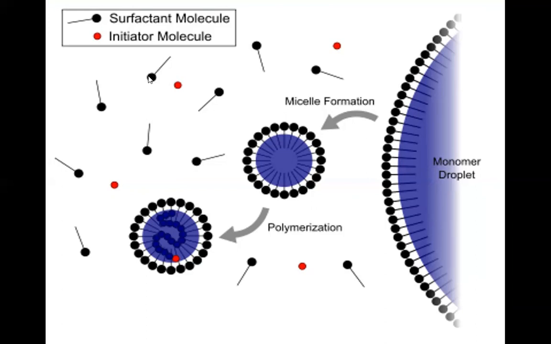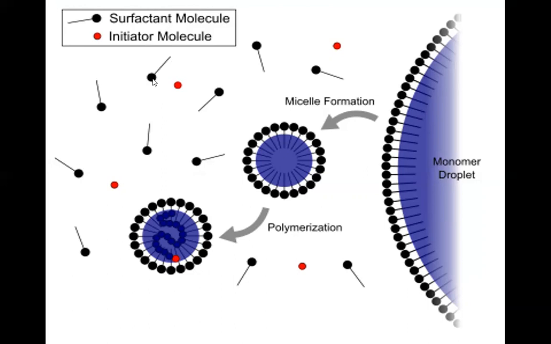This pointed part is known as the hydrophilic end, and the tail part is called the hydrophobic end or hydrophobic tail. The head of the surfactant molecule is called the hydrophilic end, and the tail is called the hydrophobic end.